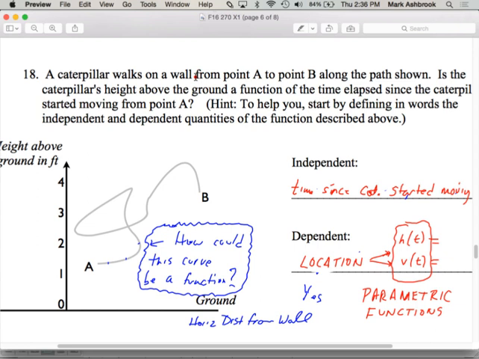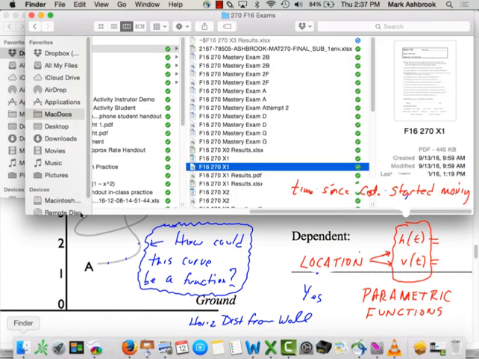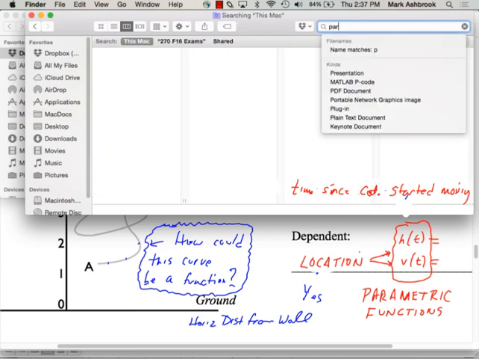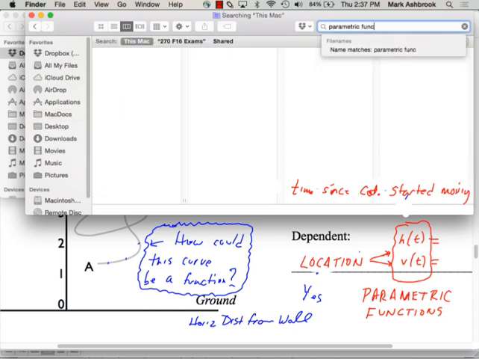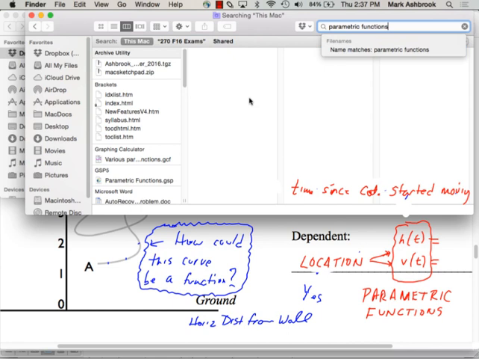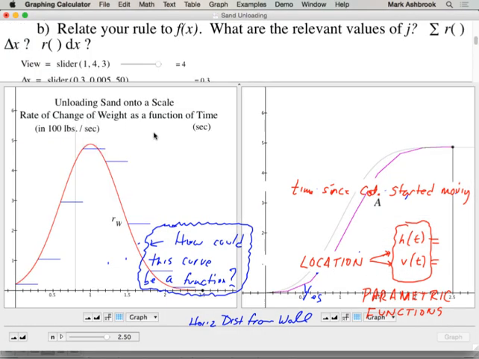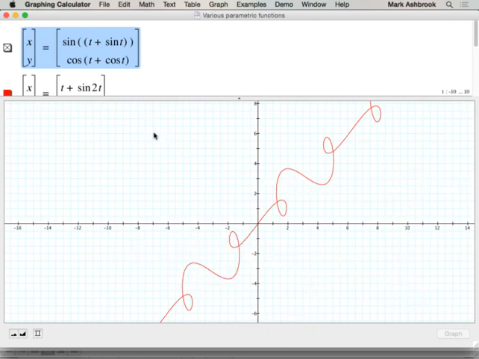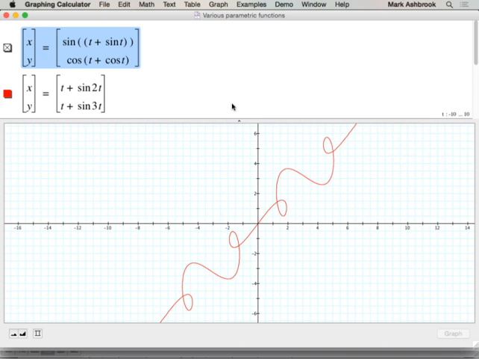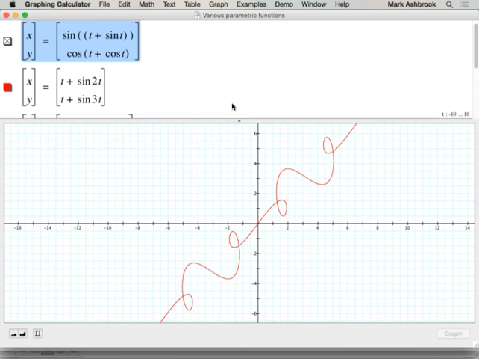Okay, so this, like I said, this allows for how about that one? So this is a crazy function, right? But look at the formula. It's not that crazy, right?